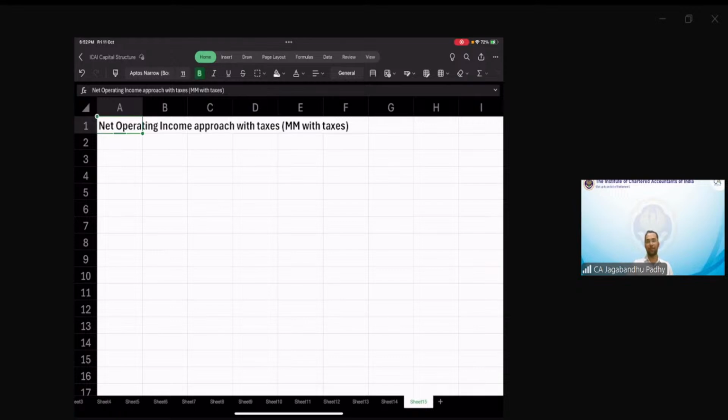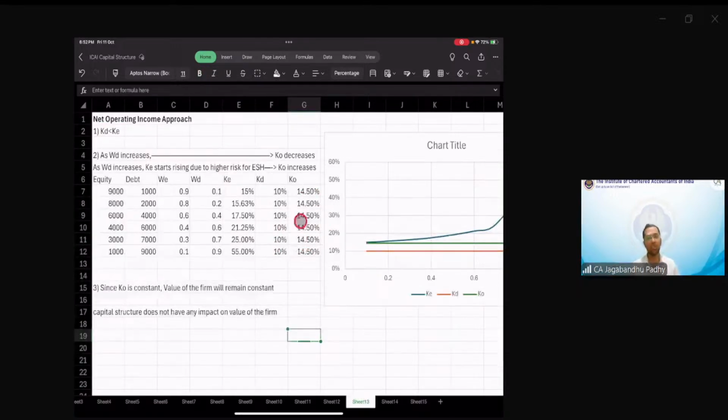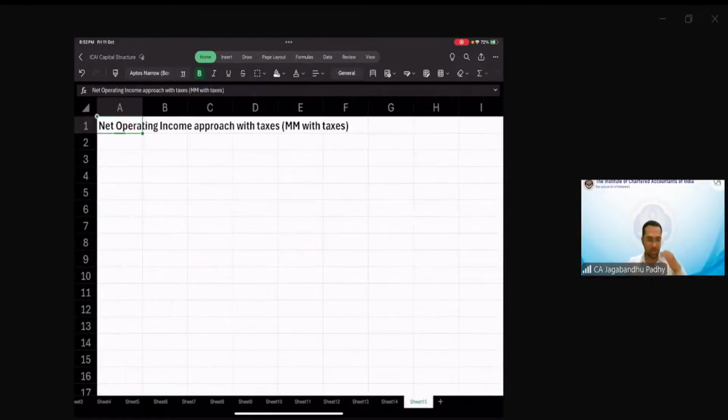Now, in the net operating income approach, what did we essentially discover? We discovered that the value of the firm is going to remain constant because the KO is going to remain constant. The net operating income approach is a theory of irrelevance.